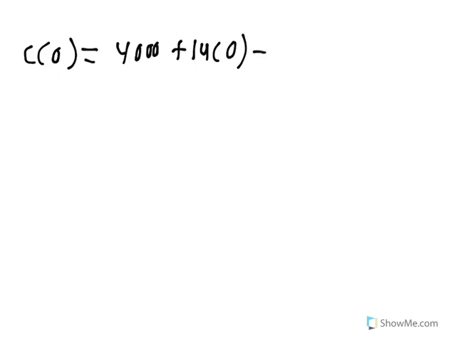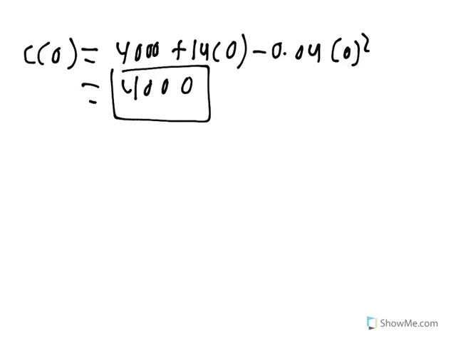So the cost at 0 apartments is equal to 4,000 plus 14 times 0, minus 0.04 times 0 squared. I'm just plugging it into the original cost function. So that equals 4,000. So C of 175, do the same thing. We're plugging 175 into our original cost function.